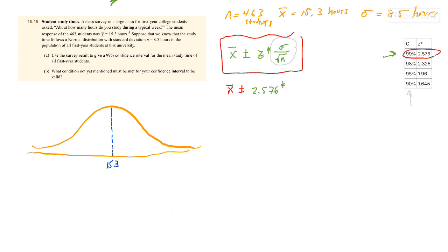That's sigma, the population standard deviation, which is 8.5, divided by the square root of the sample size, which is 463.